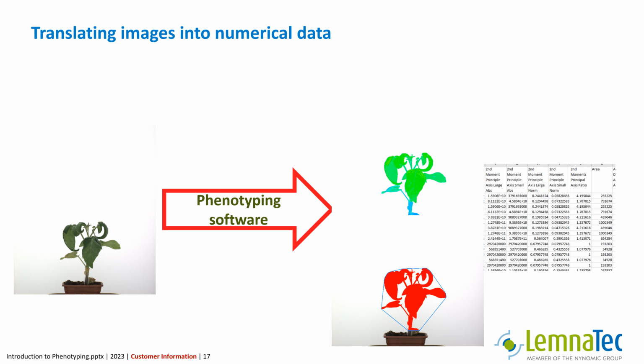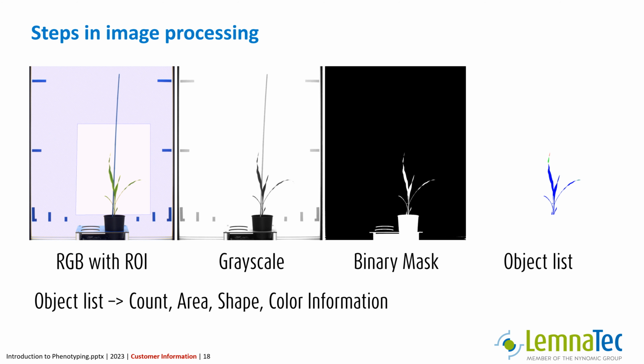Translating images into numerical data. Having images, a phenotyping software is required to process the images and in the end to convert image data into numerical data that can be interpreted for the biological properties of the sample. The typical basic steps in image processing are defining a region of interest, converting the images, setting masks, and defining objects that are listed in the end.